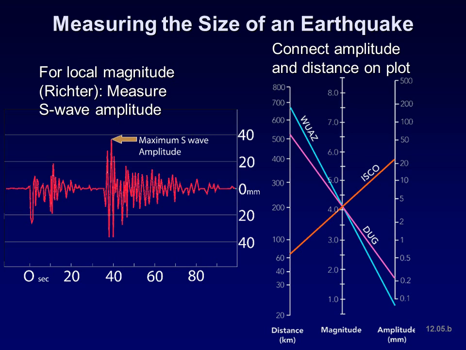So looking at this seismogram here on the left, what is the maximum amplitude? It looks like it reaches up to just below 40. And what you have to do is check both above and below the 0 line, because we don't have negative numbers here when we're talking about movement in an earthquake.